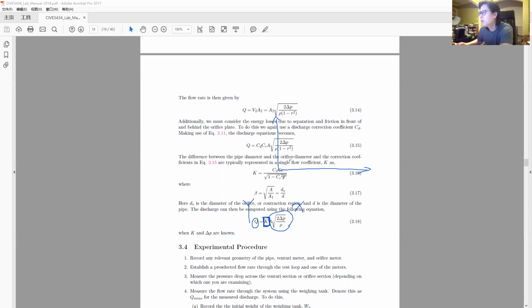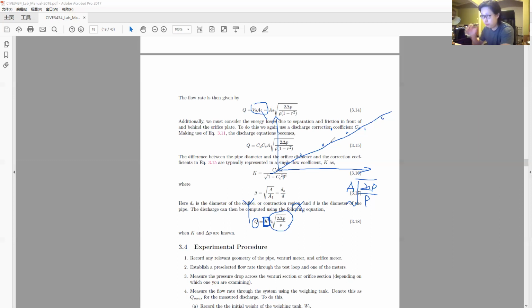So if you have your x, you can calculate something like that. That's your Q. The y-axis is your Q, and the x-axis is this. Using the function, you will get a trend line in Excel.